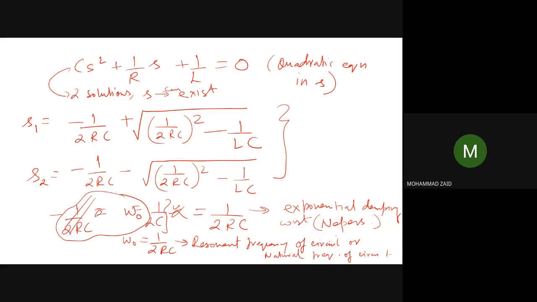Fine, correct. Okay, so that means if we now know omega naught and alpha, both are a solution of a complex frequency, that is S. S we can define as sigma plus j omega.